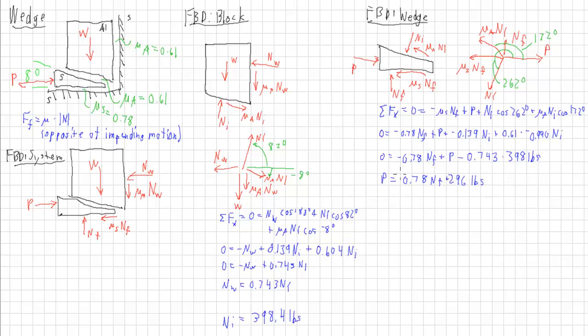So again, we've got two unknowns in our equation, but we've got one more equation to go. Sum the forces in the y direction. They have to equal 0. And our forces in the y direction, we don't have to worry about the horizontal ones, P and mu s NF.